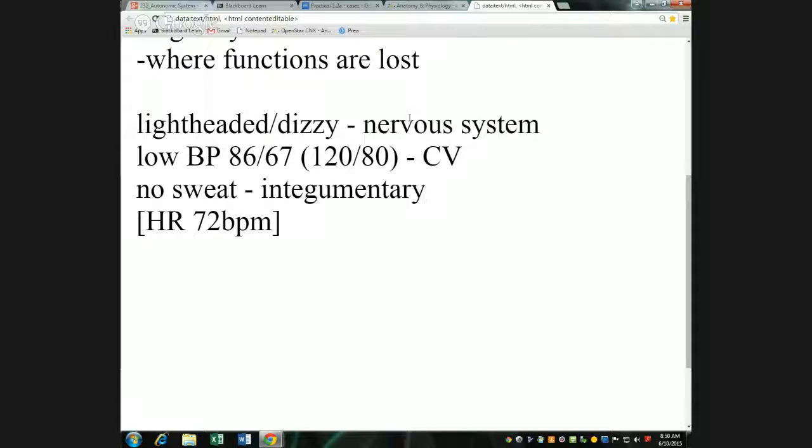Now, in House, what they're trying to do is get to a diagnosis. And the way it's portrayed is, they're established physicians.